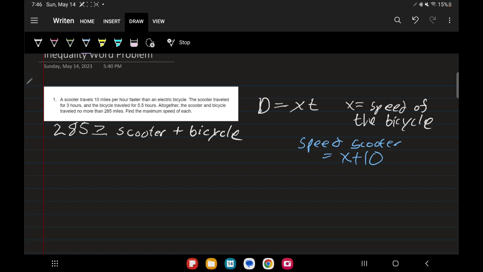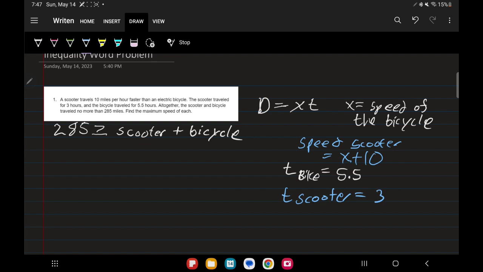Now let's plug these in. So remember, scooter and bicycle here are the distances, so we need to figure out the times for each. So the time for the bicycle, I'll just call it t bike, is equal to, let's read, the bicycle traveled for 5.5 hours, so 5.5, and then t scooter is equal to, the scooter traveled for 3 hours.